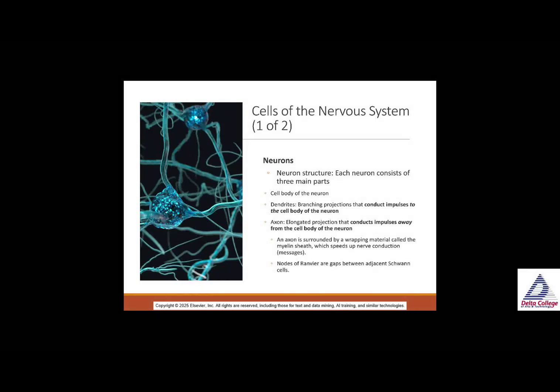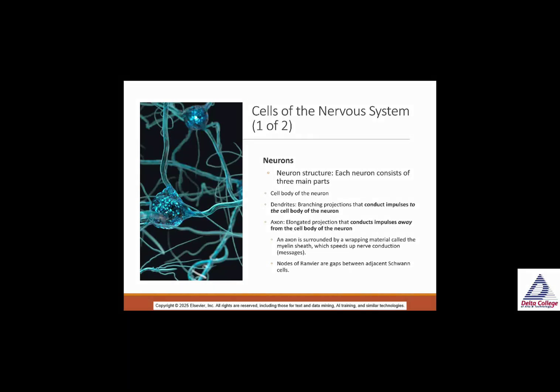Now let's move into the cells of the nervous system. So neurons. Neurons are the primary cells of the nervous system. The neuron structure. Each neuron consists of three main parts. You have the cell body, you have the dendrites, and you have the axon. So the cell body is that of the neuron. Then you have dendrites.